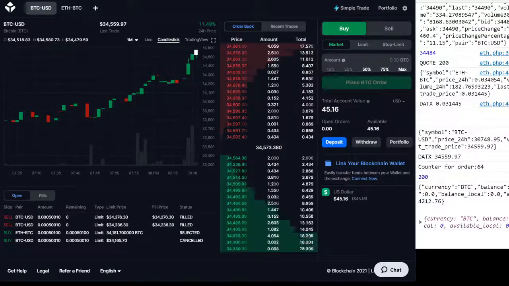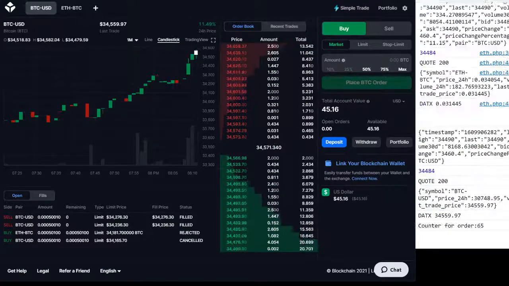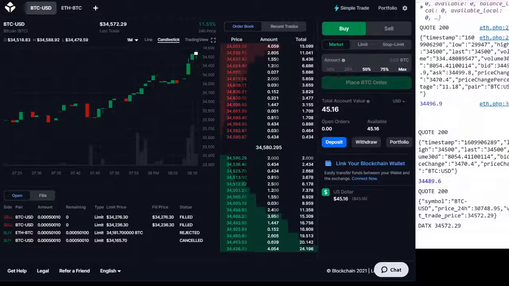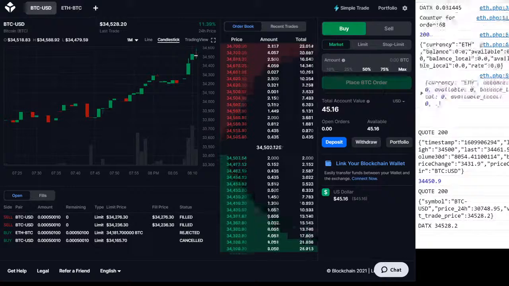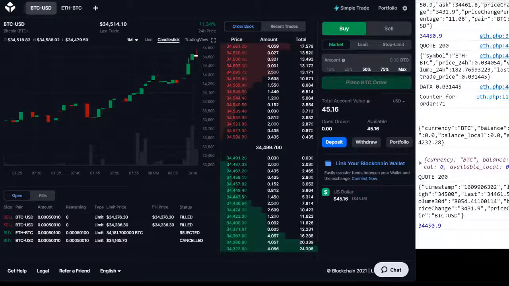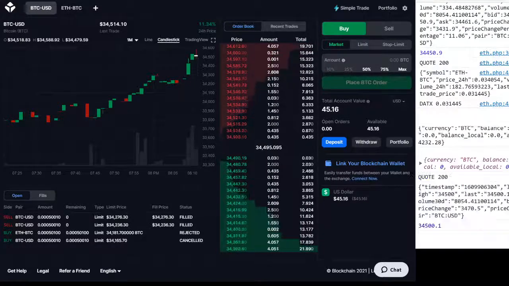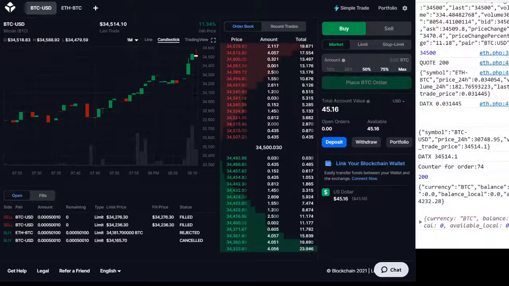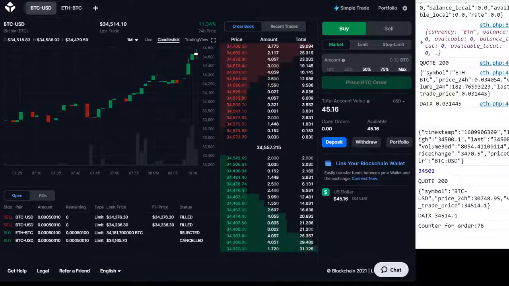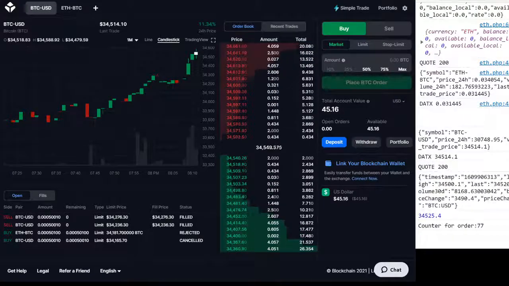And we're just waiting for, where's the order counter? 67. Yeah, so we've got about another 20 ticks, 30 ticks, another 30 seconds maybe. No, another 30 seconds, I think.